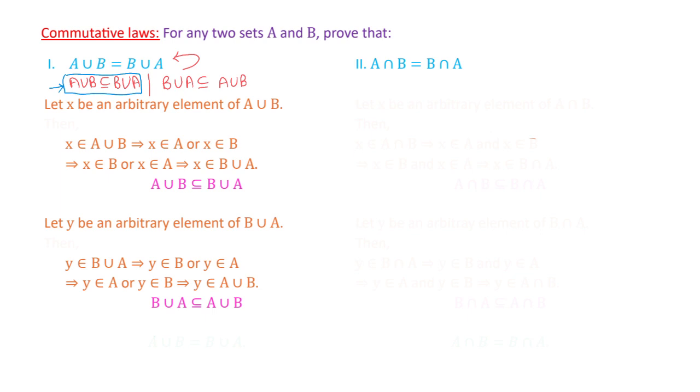We have proved that A union B is a subset of B union A, and B union A is a subset of A union B, and this can hold only when both these sets are equal.